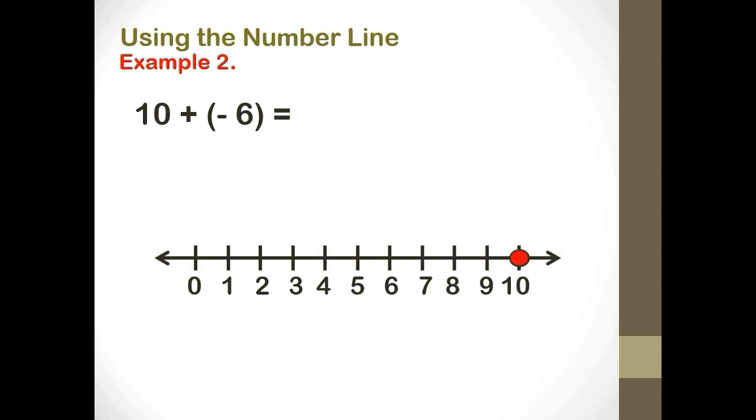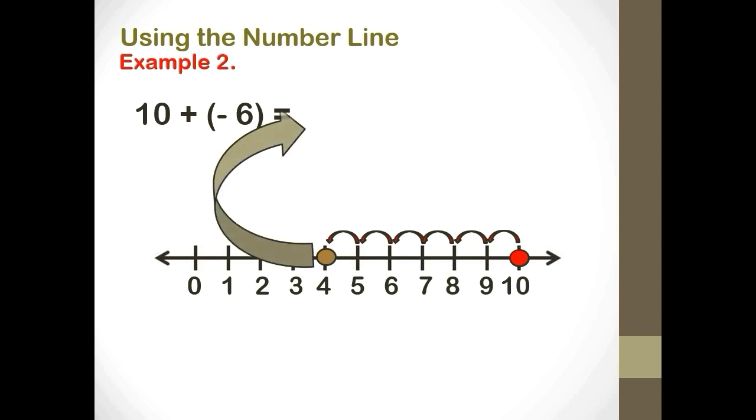And since we are adding a negative number, which is 6, meaning we are going to move 6 units to the left. Therefore, 1, 2, 3, 4, 5, and 6. So where did we stop? At positive 4. Therefore, our answer is positive 4.